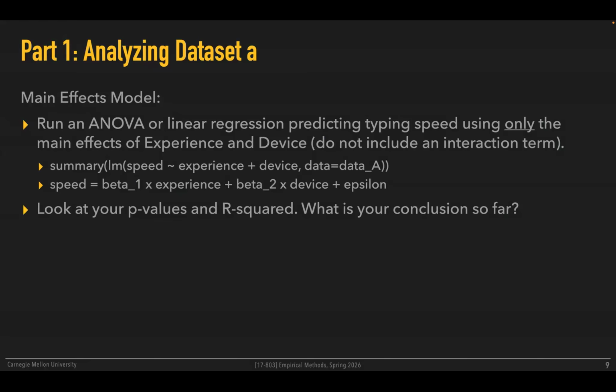Now you're estimating this model and you're learning the coefficients that tell you what the nature of the relationship is between those variables and the outcome. So when you do this summary of the linear model call, it should tell you what the estimated values for these beta 1 and beta 2 coefficients are. And it should tell you what the p-values are for testing whether they're different from 0 or not, and it should tell you what the overall goodness of fit of that model is given this data.